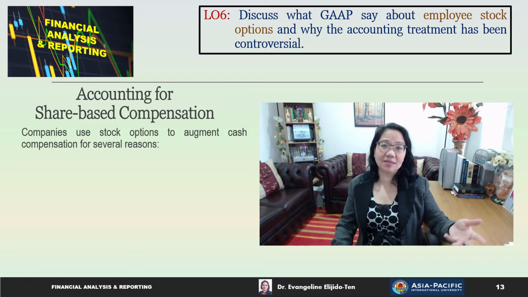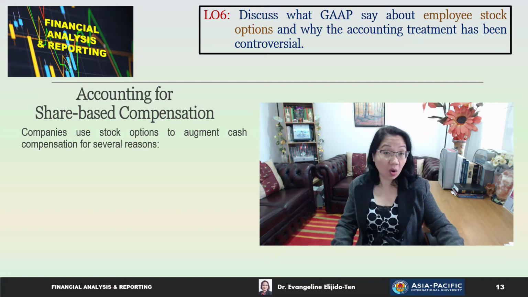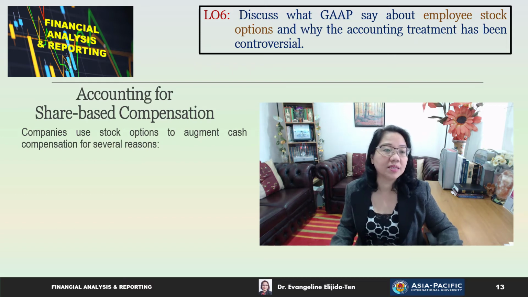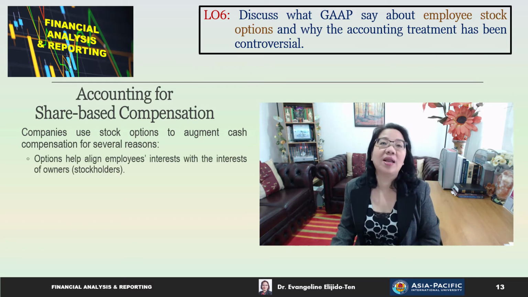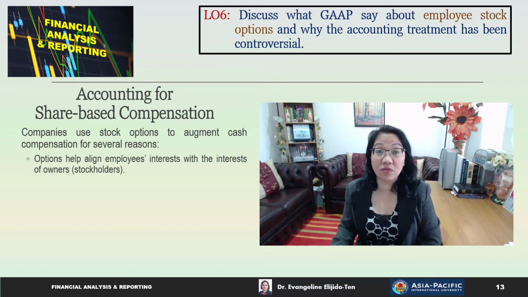We have discussed in prior lectures stock options offered to employees. So why do companies use stock options to augment cash compensation? Well, there are several reasons. The first one is that options help align employees' interest with the interest of the owners or the stockholders.